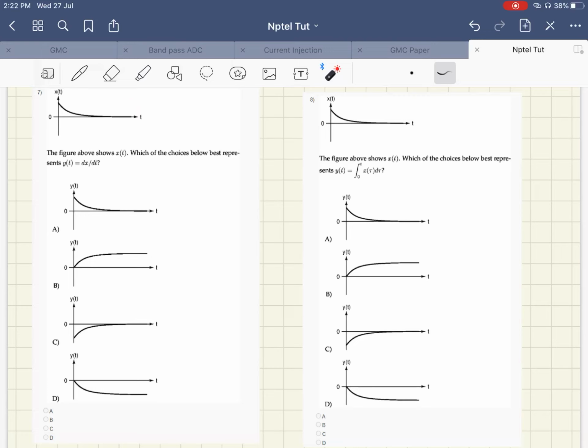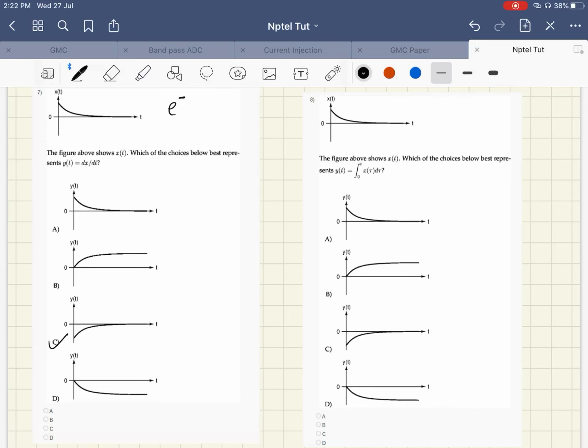This suggests that as t tends to infinity, the derivative dx by dt must go to 0 so that the waveform can become flat. Now, out of C and D, only in option C we observe that the waveform goes to 0, hence C is the correct answer.